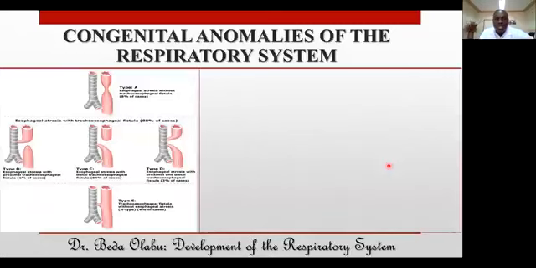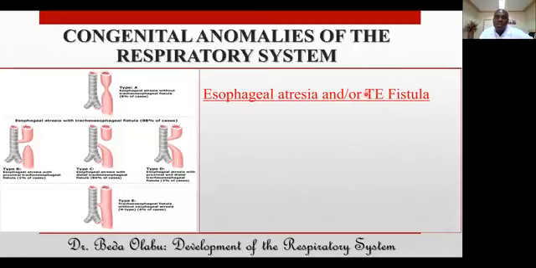Can have what we call tracheoesophageal fistula, or in combination what we call esophageal atresia. Esophageal atresia and tracheoesophageal fistula is an entity of malformations which are largely due to abnormal communication between the trachea and the esophagus.